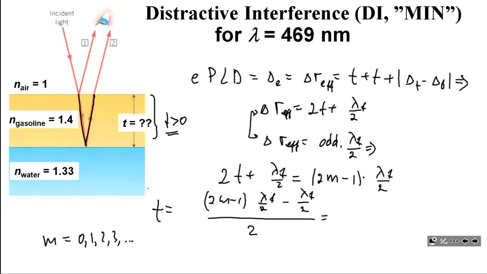So this is how we can simplify it. 2m over 2, m times wavelength minus a wavelength, a half of it and a half of it, and divide it by 2.